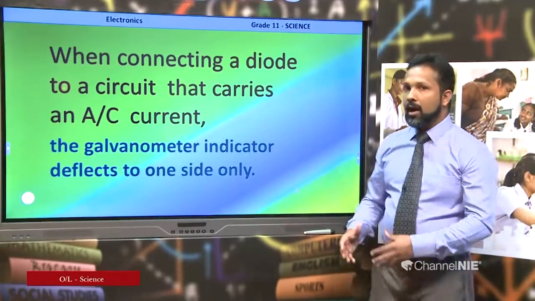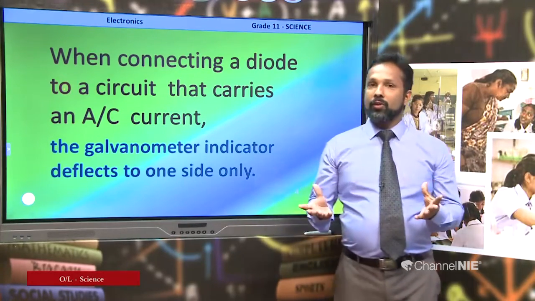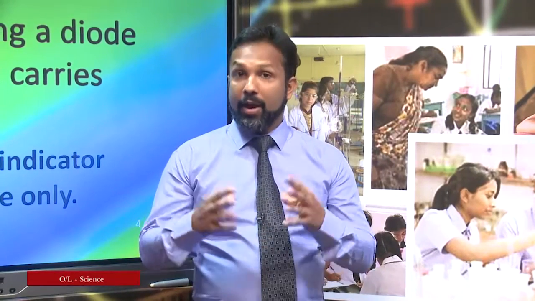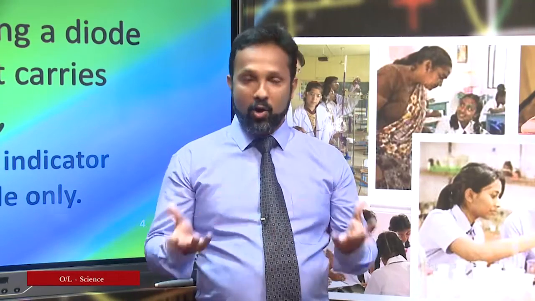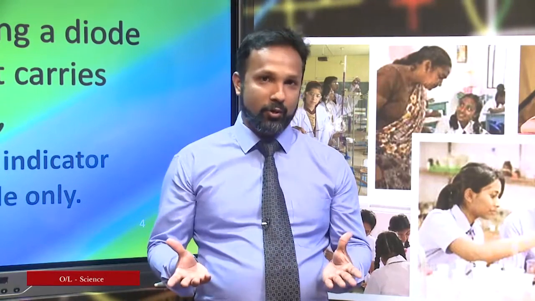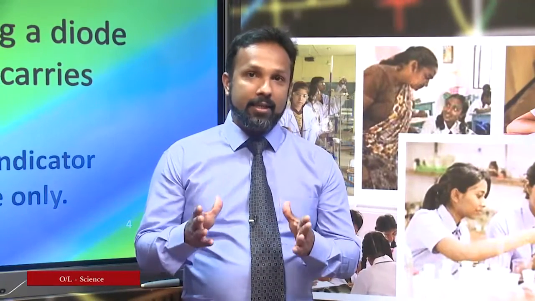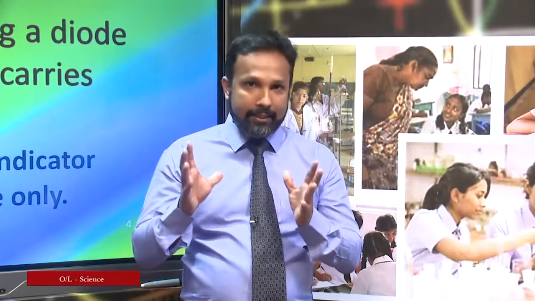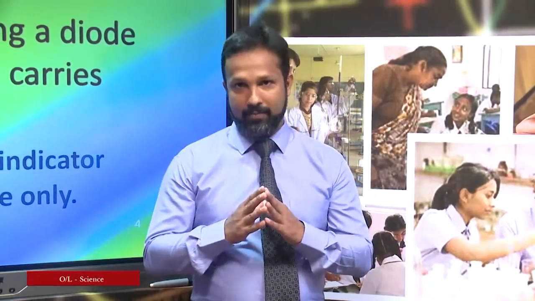Right. Now, let's do a simple activity to find out the changes that take place when connecting an AC current to a diode. Why do I say so? You can remember a diode is an electronic device which allows the electricity to flow towards one direction only.